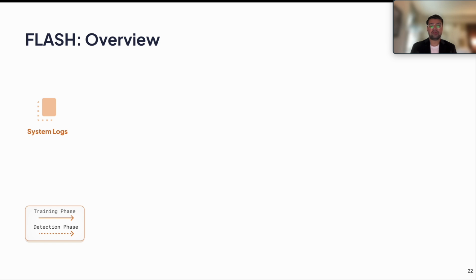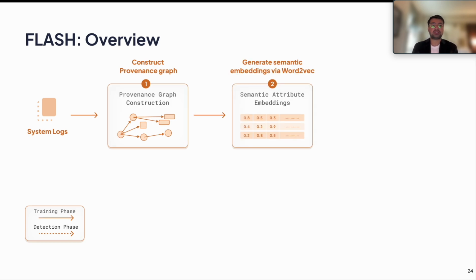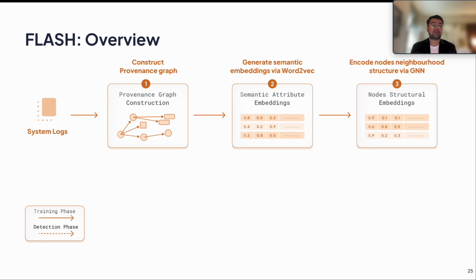During the training phase, Flash takes the system logs and converts them to a provenance graph. Then Flash uses a semantic word2vec encoder for encoding various text attributes present in the provenance graph, such as file names, file paths, process names, network IPs, etc. Then in the third step, Flash uses these semantic features for training a graph neural network model in order to capture the surrounding neighborhood structure around each node in the graph.